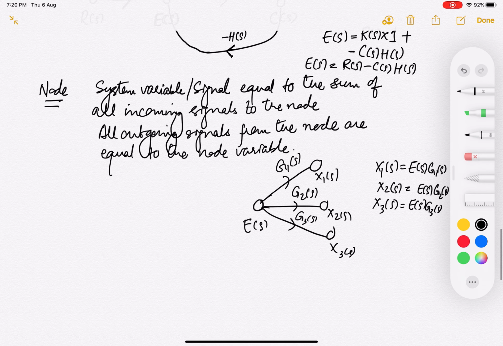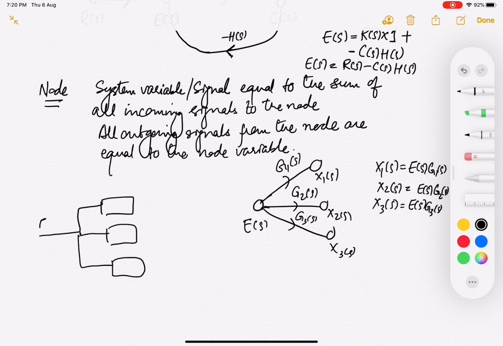This means that if you have a parallel combination, which you did earlier, with these three blocks, you had a pick-off point with a signal ES and G1s, G2s, G3s, and you were adding all three up using a summing junction, getting something else, say ys.